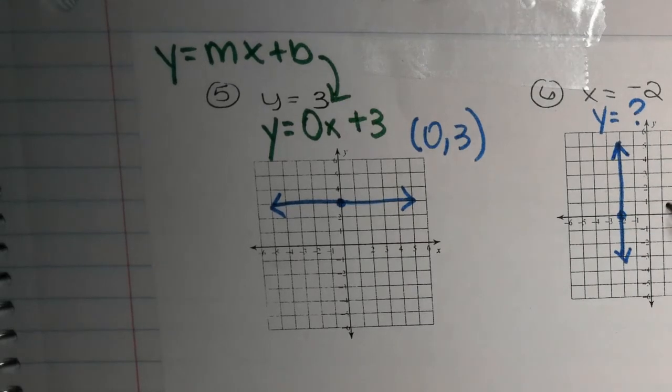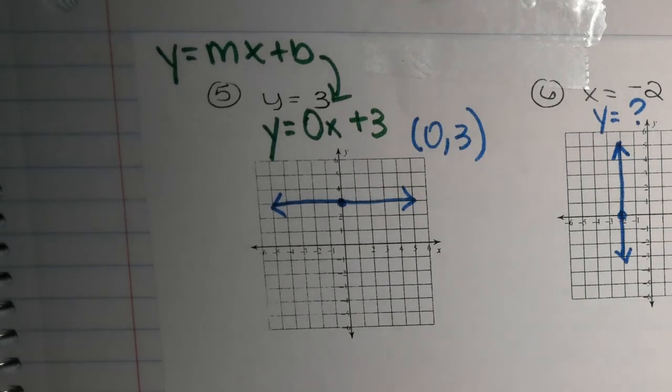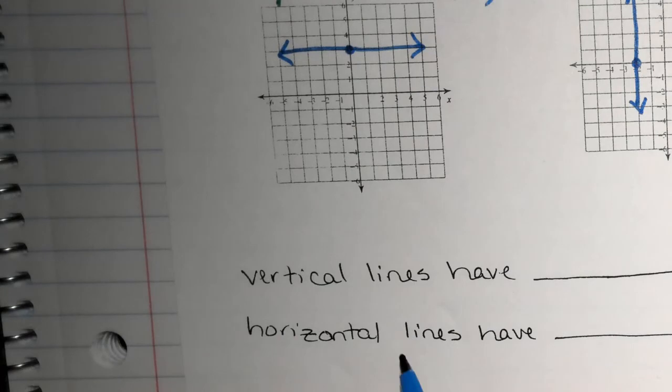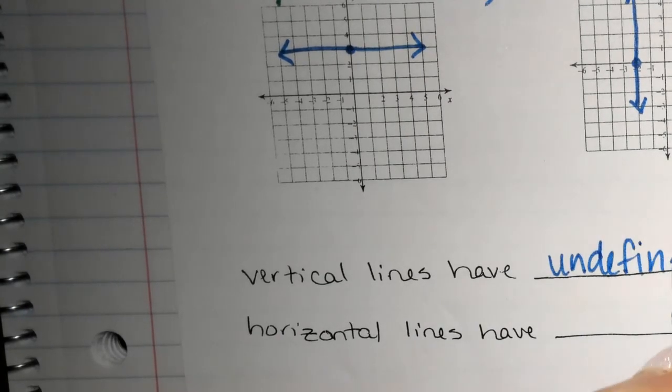And what do we call that in slope? A straight up and down line, it's undefined. Remember slope? Okay. So that's undefined. So vertical lines have undefined slopes.